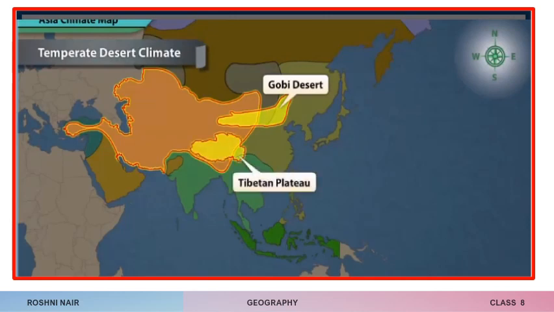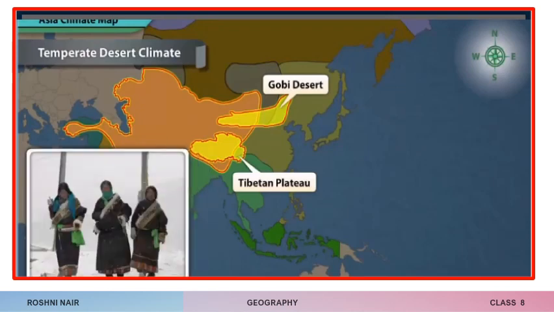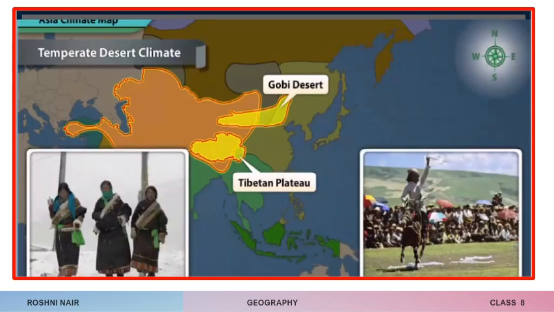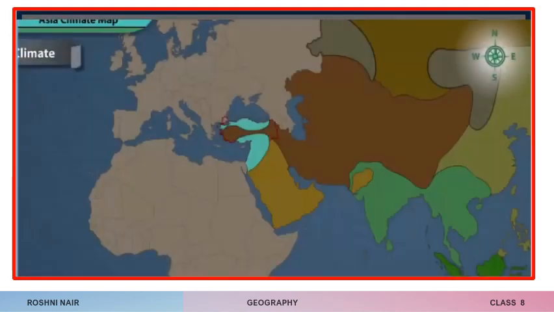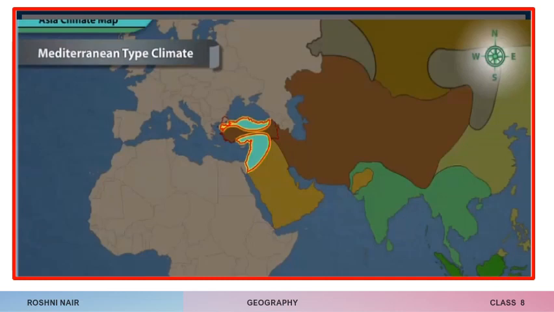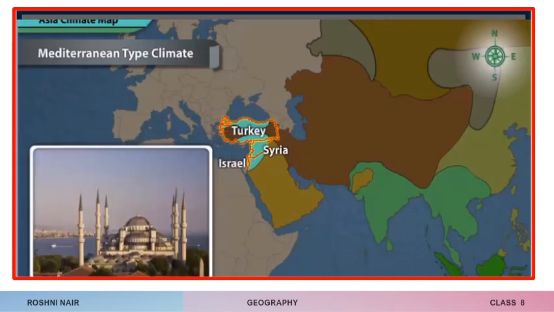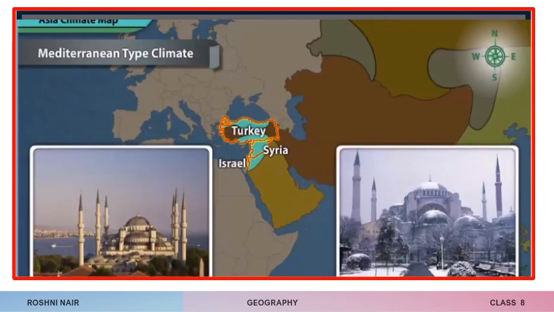In the temperate deserts, winters experience sub-zero temperatures while summers are hot. The Mediterranean type of climate is found mostly in West Asia, in countries such as Turkey, Syria, and Israel. In the Mediterranean type of climate, summers are hot and dry, while winters are mild and wet.